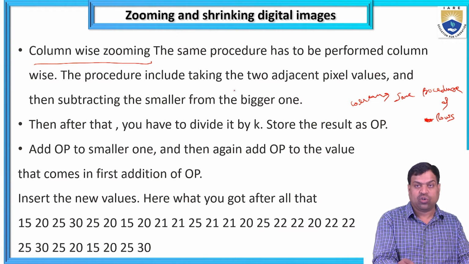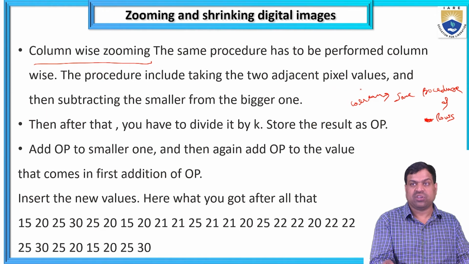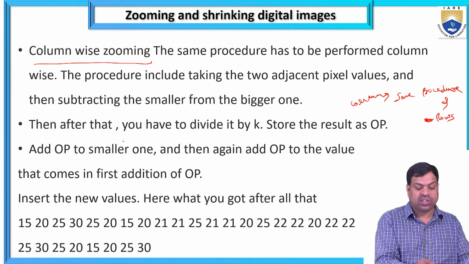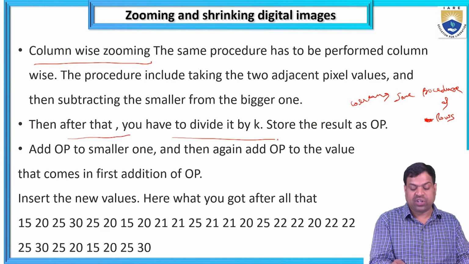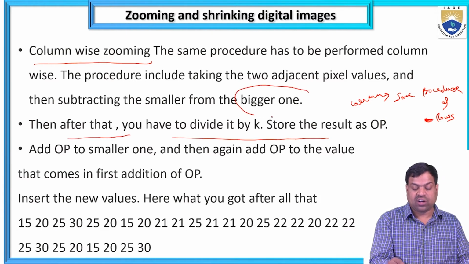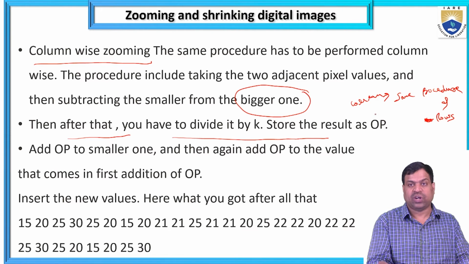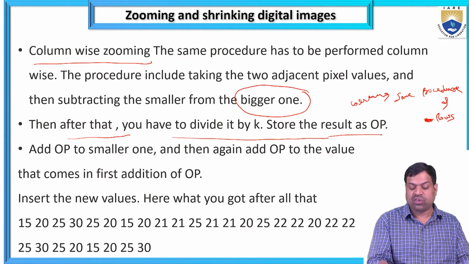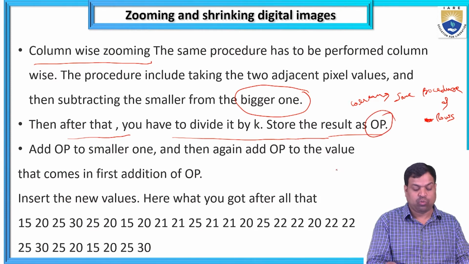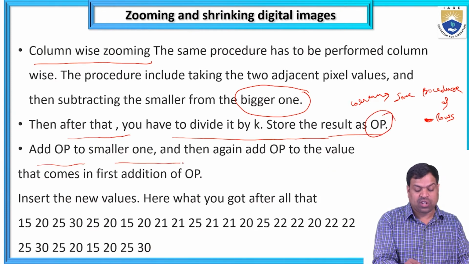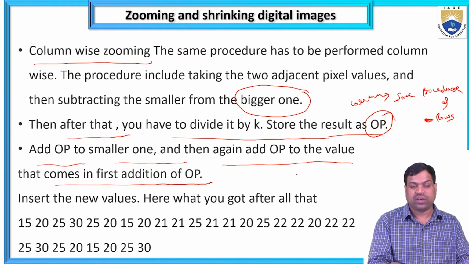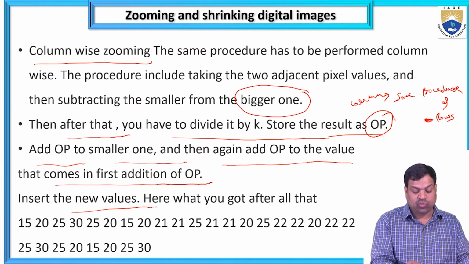The procedure includes taking the two adjacent pixel values and then subtracting the smaller from the bigger one. Then we divide by k. The value I get from subtracting bigger minus smaller, I divide with k, and that value is stored as OP, the output value. Add OP to the smaller one, and then again add OP to the value from the first addition. So then we are inserting the new values here.